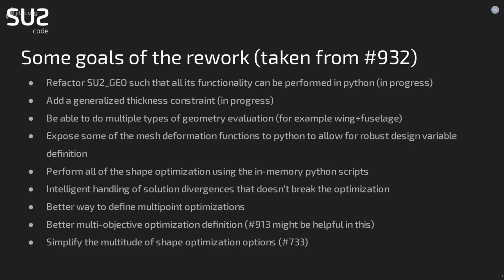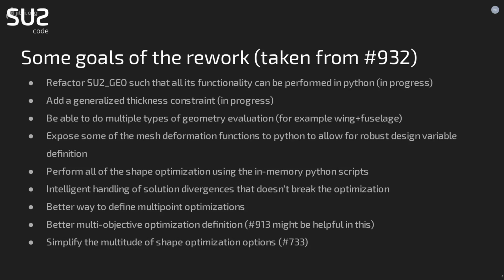And expose some of the mesh deformation functions, and I know Tim also agreed with it. All of FFD should just be moved into a separate area of the code because it is so independent from everything else. I thought about making it a separate library actually, because it really doesn't need all the things we have implemented in SU2 so far.